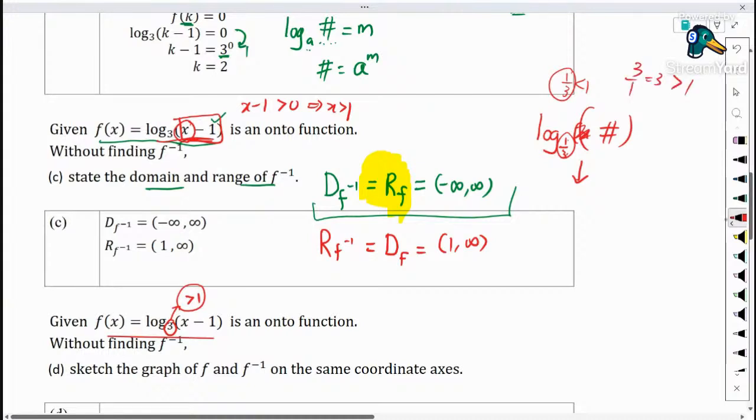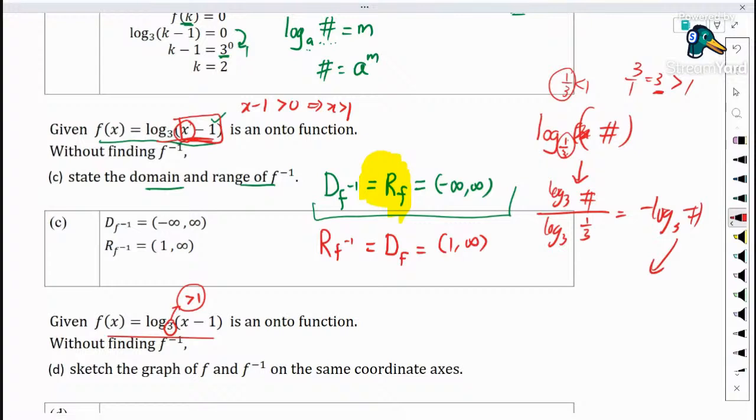Obviously, this is greater than 1. So you change base to base 3, and the result will be minus log to the base 3 of x. Then only do you go on to consider graph sketching. That's the reason why I want to change the base, so that you don't get the wrong shape when sketching.